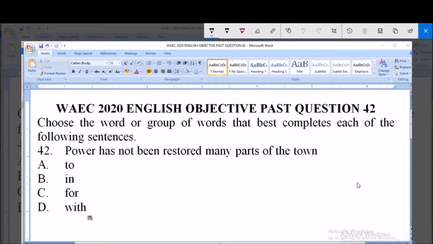Question number 42. The instruction says, choose the word or group of words that best completes this sentence.